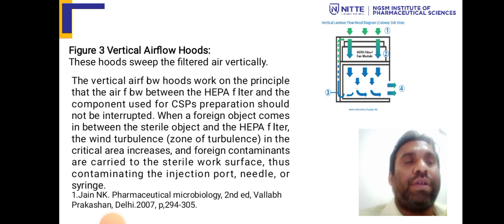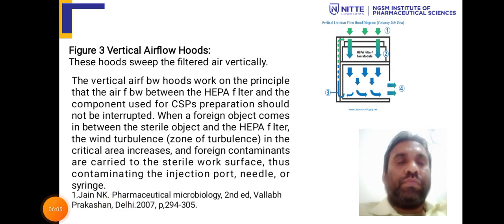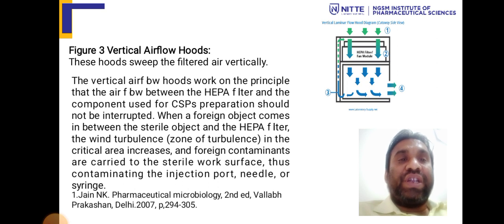This is a hood which has a vertical airflow. Coming back to the vertical airflow hoods, these hoods sweep the filtered air vertically, as you can see in the figure, which is taken from N.K. Jain.